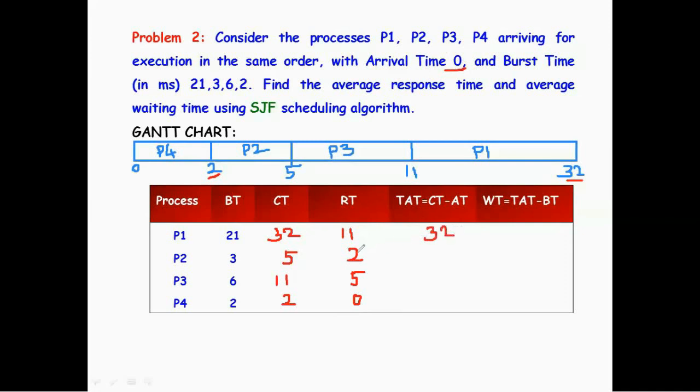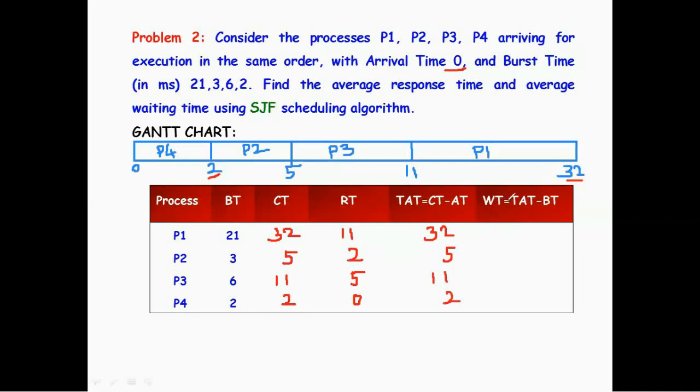So 32 minus 0 will be 32 for process P1. For P2, turnaround time will be 5 minus 0, which is 5. For P3, 11 minus 0 is 11. For P4, 2 minus 0 will be 2.